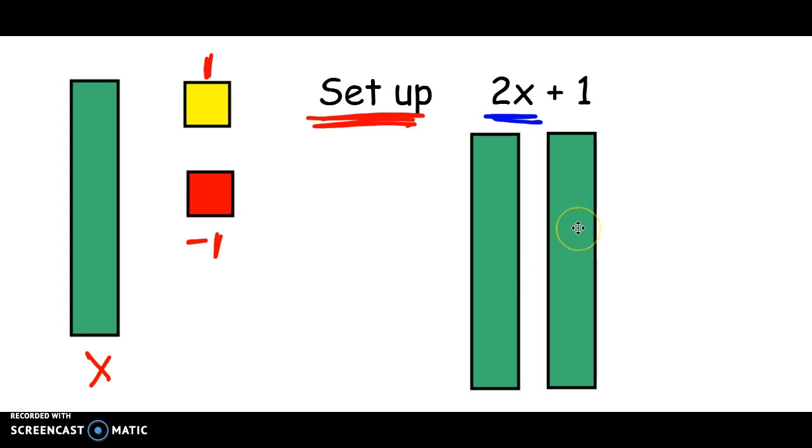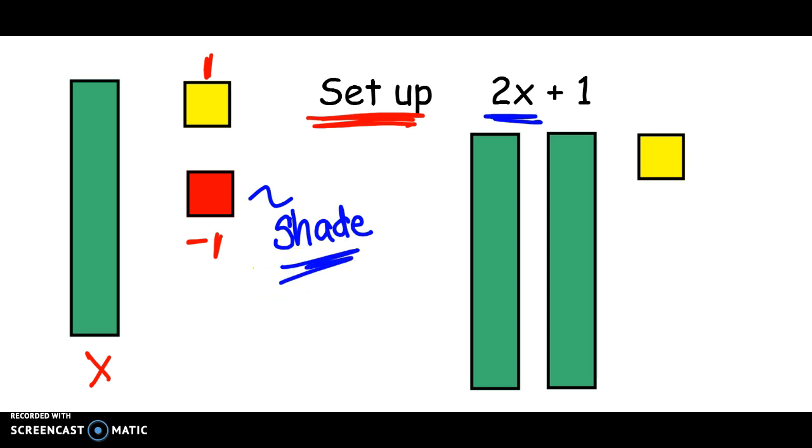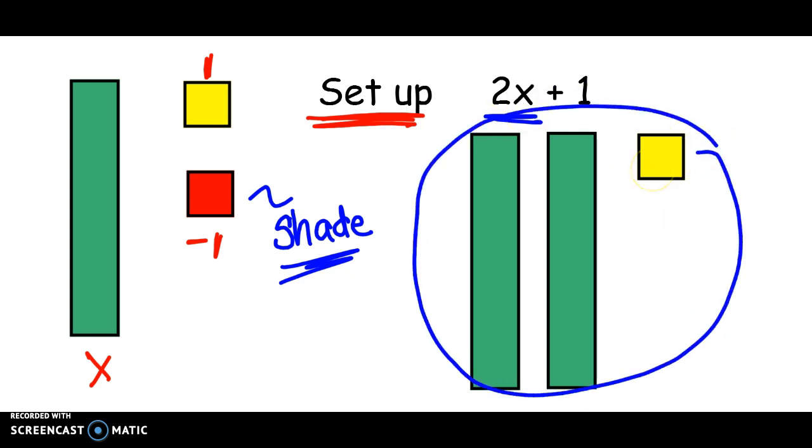If you have the scaffolded notes, you could just go ahead and draw them. And then plus 1. Now, unless you have colored pencils or markers, you're not going to color these. So we have to be able to decipher between the yellow and the red one, just so we're all on the same page. If you have a red one, you shade that one in. So if we ever have a red one, we will shade this. So when I want to set it up, I have 2x plus 1. That's your answer. Right there, that's 2x plus 1.